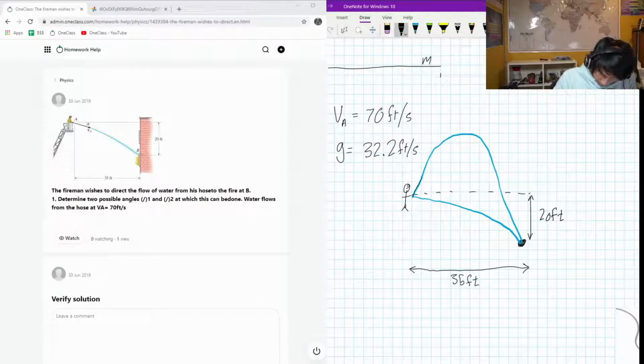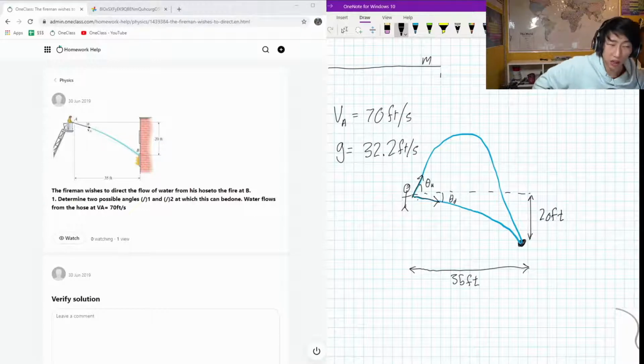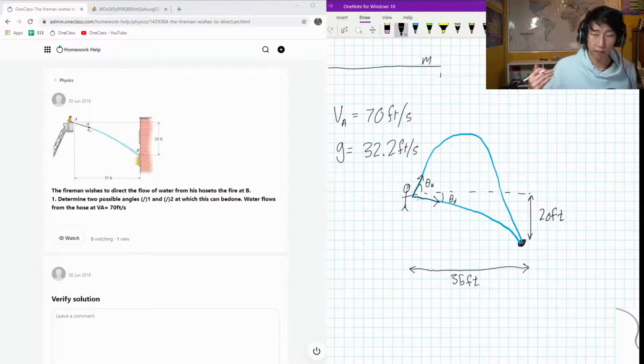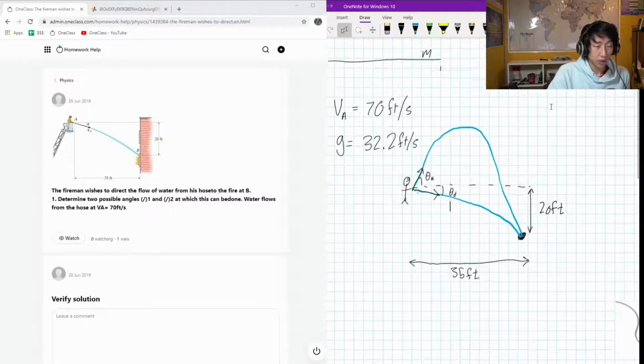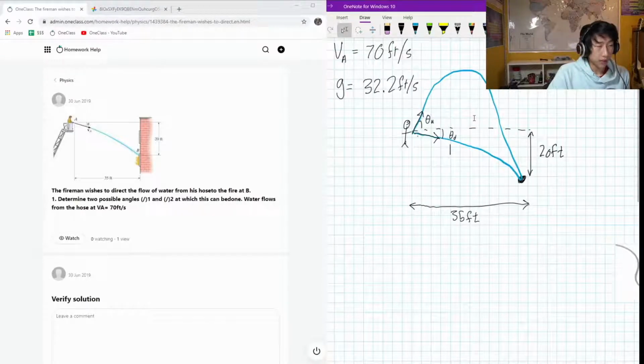Here, let's call that angle U for angle up, and this one angle D for angle down. We're going to need to calculate these two possible paths, and they're both perfectly valid for putting the water onto this hot target. Okay, cool. So let's proceed by thinking about what's going on here.